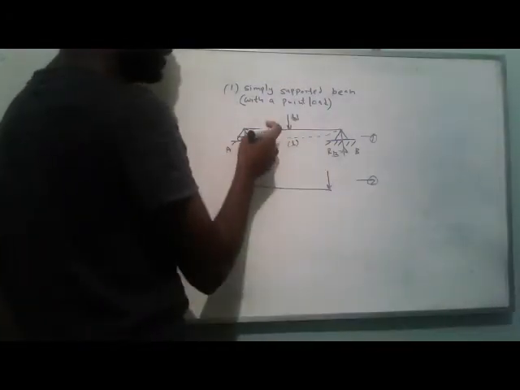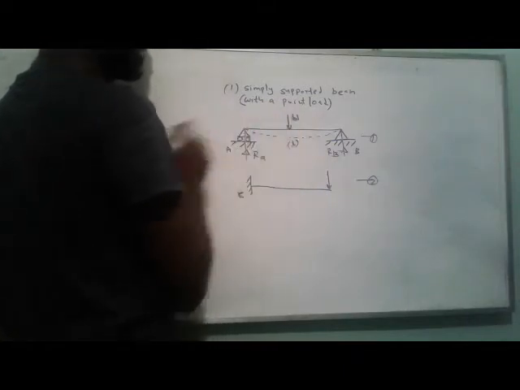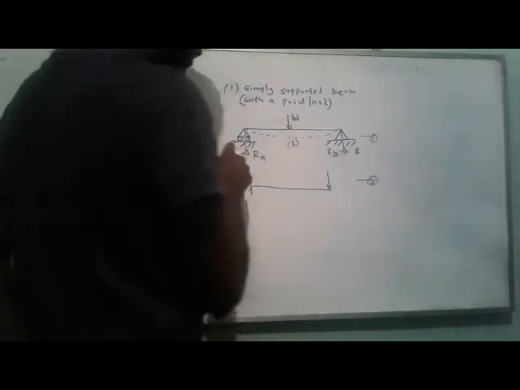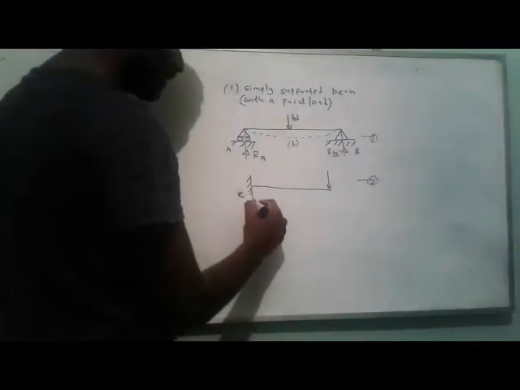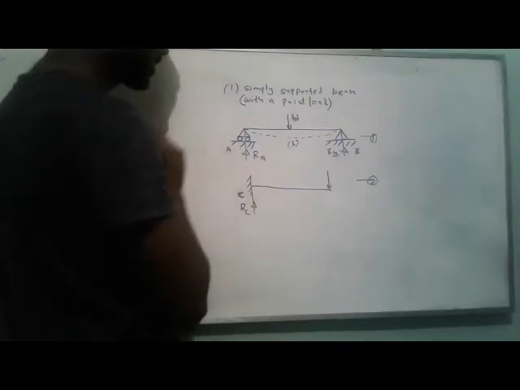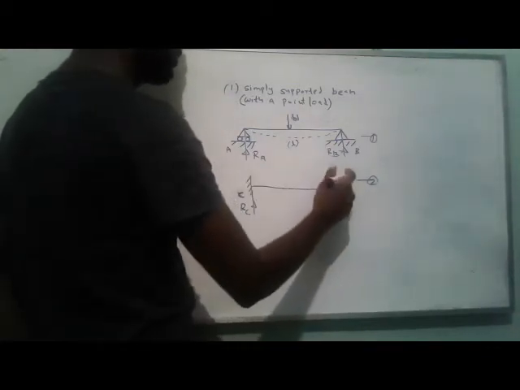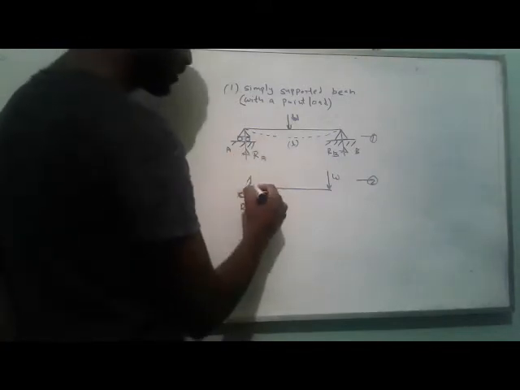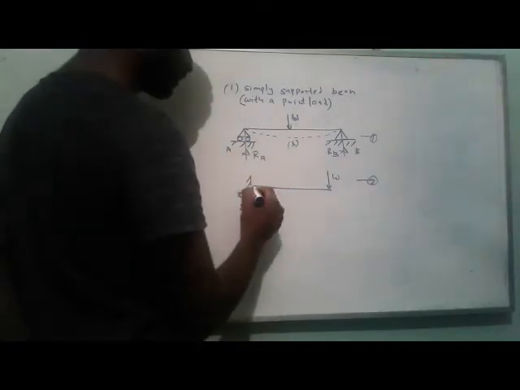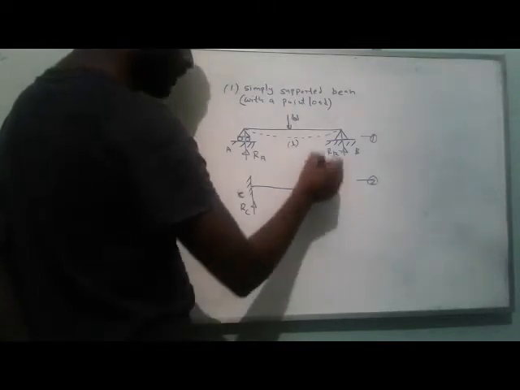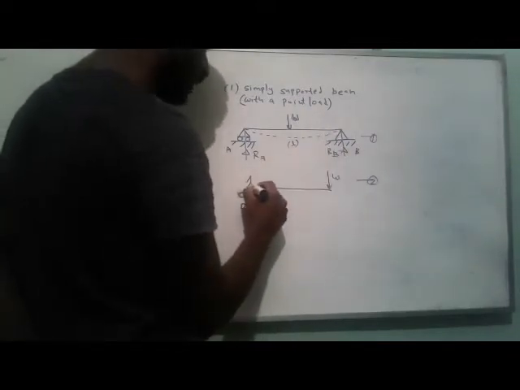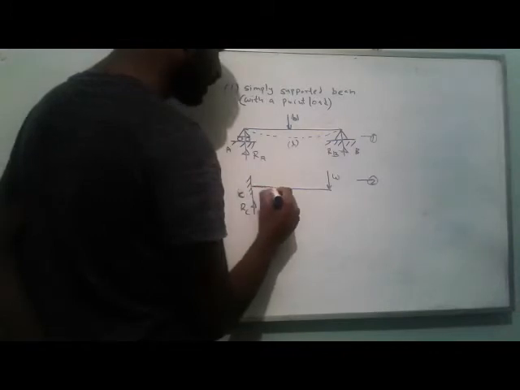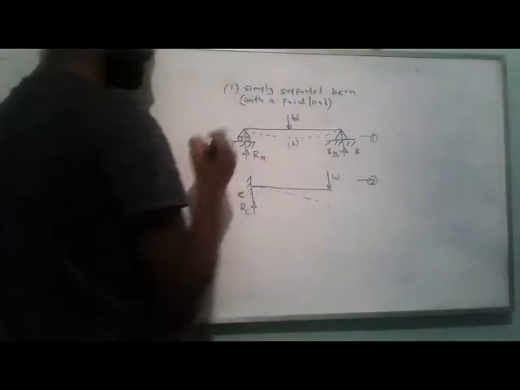Beam length is L. From here to here the length is L over 2. There will also be a reaction in upward direction here to balance these forces. And due to this point load, it tends to bend like this.